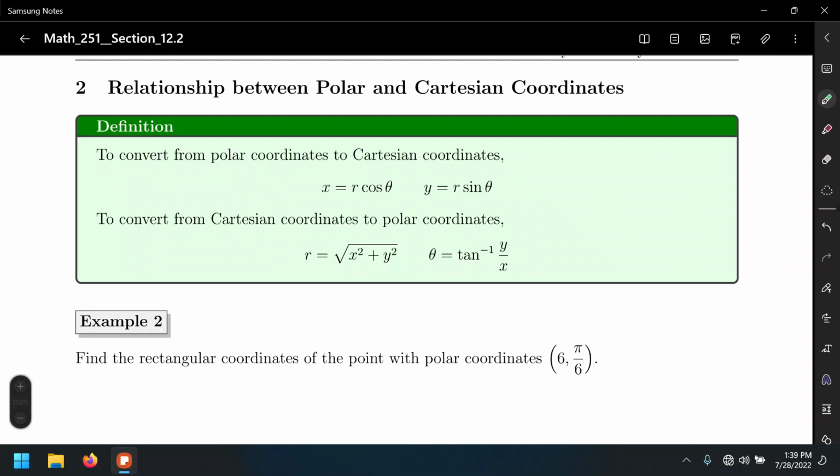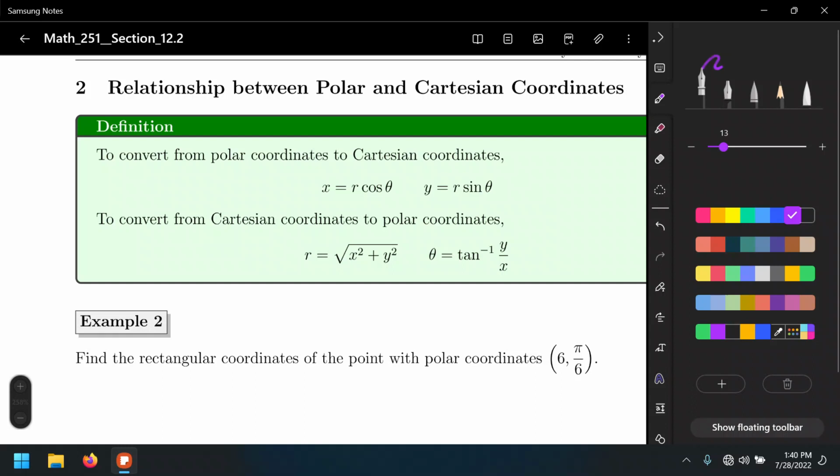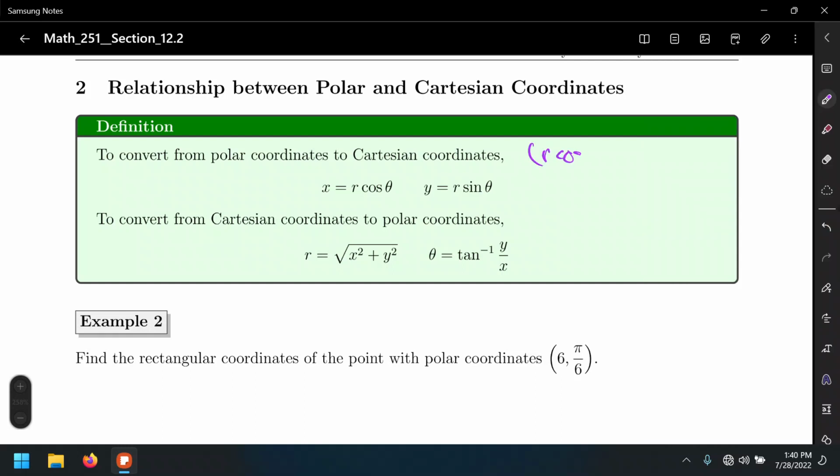You might remember from when you first learned this in trigonometry, r cos theta, r sine theta. Those are the form of the points on a circle of radius r.